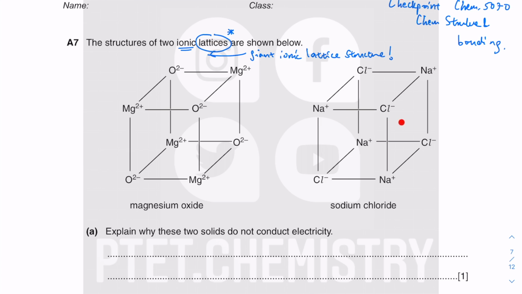And NaCl will have a similar kind of giant ionic lattice structure, but depending on how many Na plus and Cl minus you have in your array, they can be different. So here they happen to be 1 Mg2 plus is to 1 O2 minus because the charges cancel out. 1 Na plus is to 1 Cl minus because the charges cancel out. They happen to have the same kind of structure.